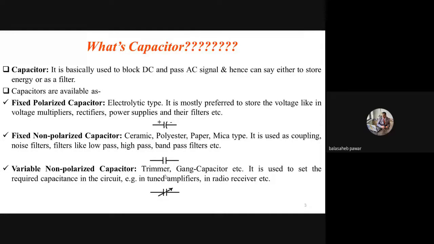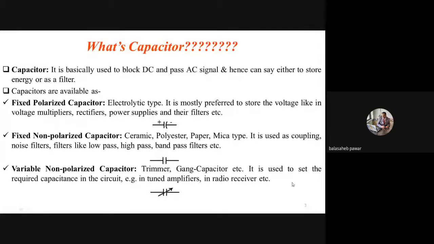If we have sufficient time, I will explain what is meant by a tuned amplifier when we study the various types of amplifiers under this syllabus, that is electronic circuits. The variable capacitor in applications like radios is known as a gang capacitor. It is also known as a trimmer. These capacitors are used in tuned amplifiers, which we will see later on, and radio receivers.